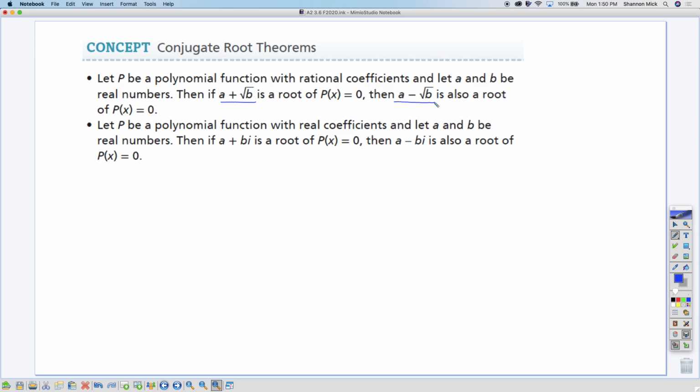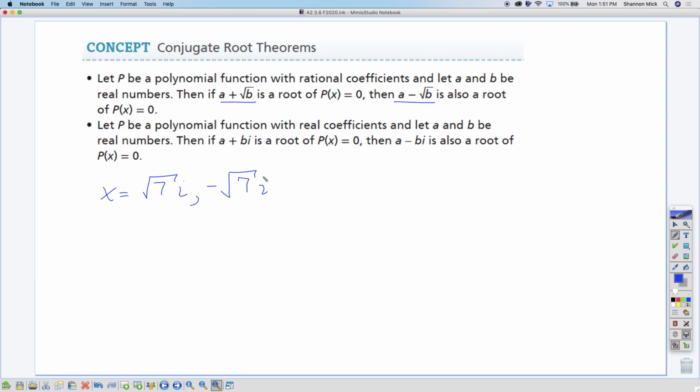So if I said that x equaled the square root of 7i, what also has to be there? What's the conjugate to square root of 7i? Well, this is plus, the minus the square root of 7i. They have to be there.